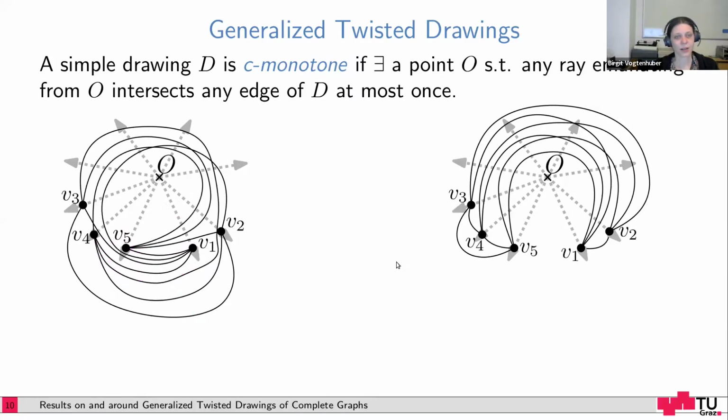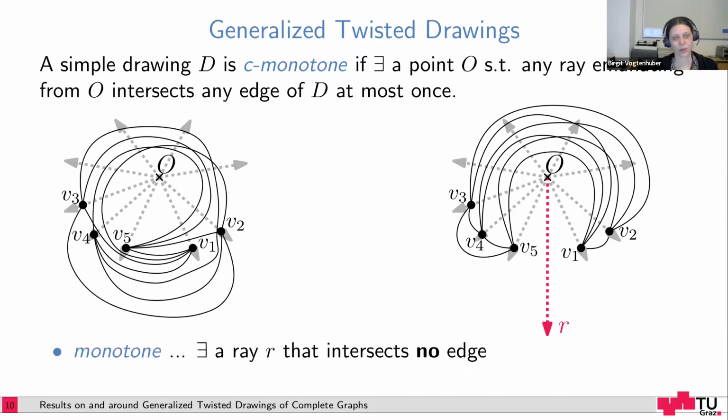And then there are 2 special cases of C-monotone drawings. The one that is depicted to the right, we call it a monotone drawing, and the reason is that there exists some ray that emanates from O that doesn't intersect any of the edges. So we could actually open up the drawing so that we have the vertices on a straight line and the edges twiggling around them, the edges being X-monotone curves.